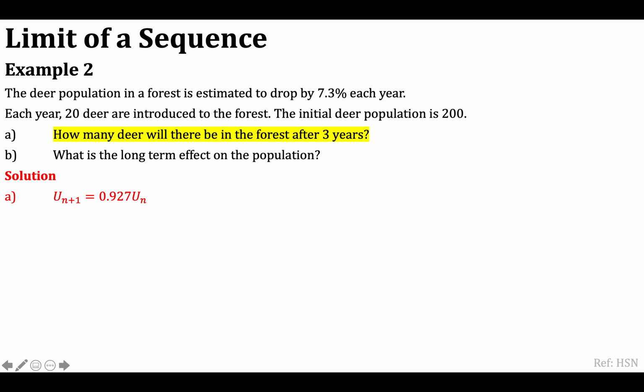So that leaves us with 92.7%, which as a decimal is 0.927, and we need to multiply that by un. It also tells us each year 20 deer are introduced to the forest, so we need to add on those 20 deer. And remember, to define a recurrence relation properly, we also need u0. So it tells us that the initial deer population is 200. So u0 is equal to 200.